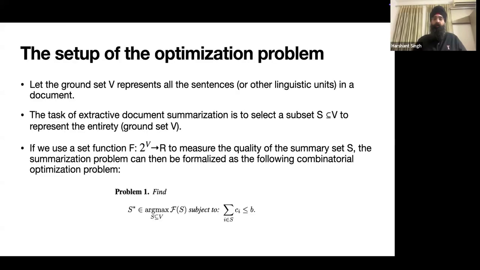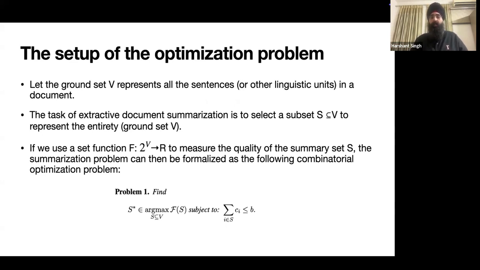Now, the setup of the optimization problem: why is this relevant to the problems that we have in summarization? We represent the set of all sentences or other linguistic units. The kinds of linguistic units mentioned are words, bigrams and n-grams, so you can deal either with sentences or with more fine-grained linguistic units.